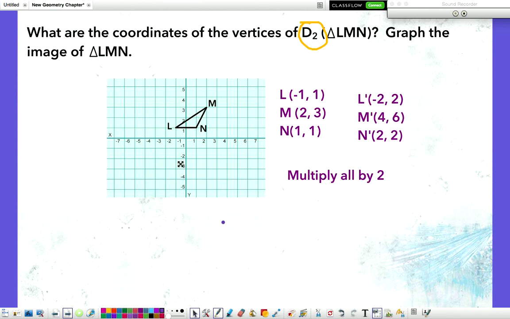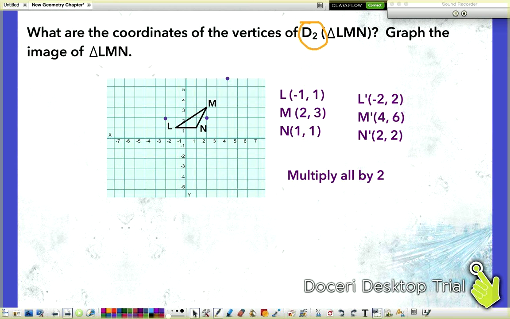Okay, so we've got negative 2, 2, 4, 6, 2, 2. Okay, so now we'll draw our shape.